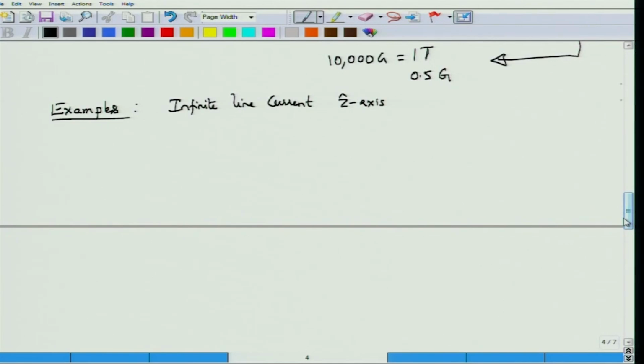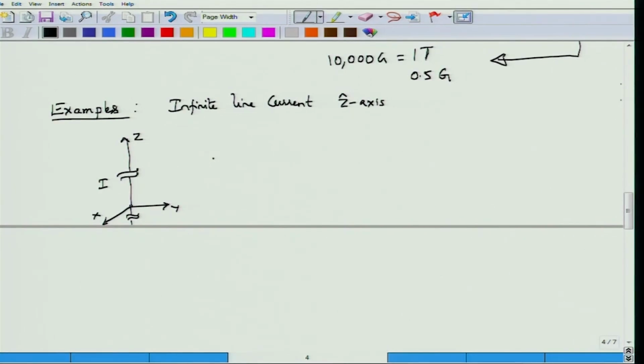So we have the z axis and the wire is carrying a current of I along the z axis, and we need to find out the magnetic field at some other point over here.